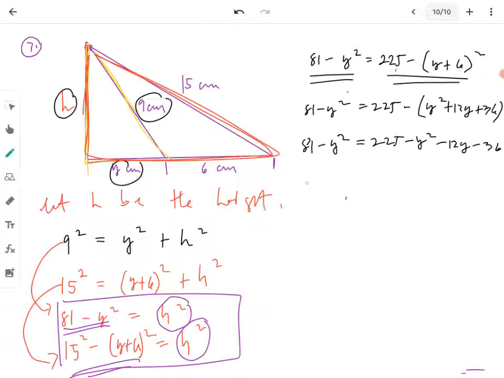Okay, so 225 and 36 are similar terms, so we say 225 minus 36, that gives us 189.